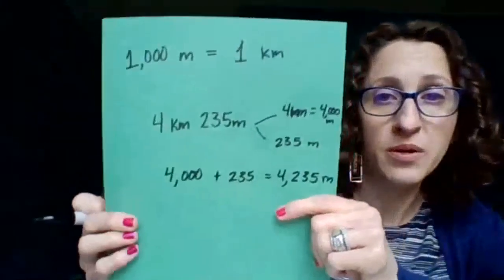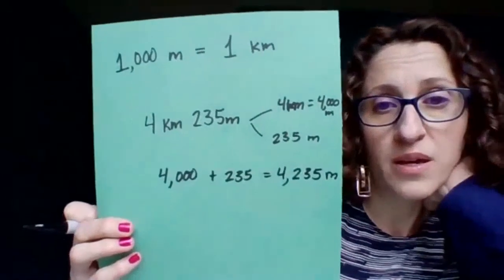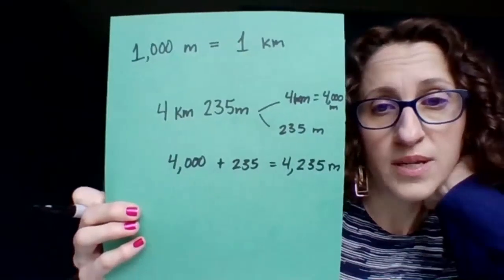Then all we have to do is add up the 4,000 and the 235, and that's how we get 4,235, and it's in meters. So here's what I did. Hopefully yours is the same.